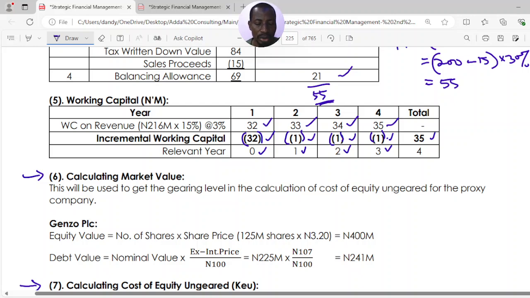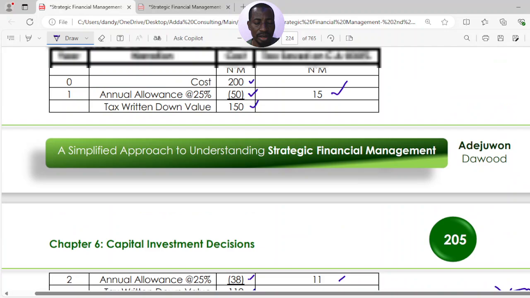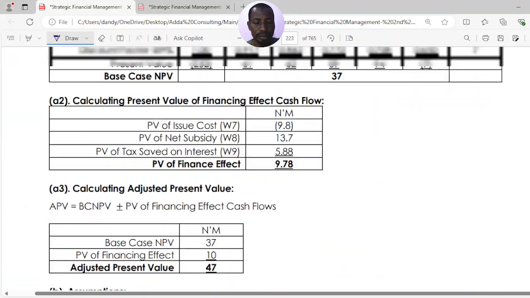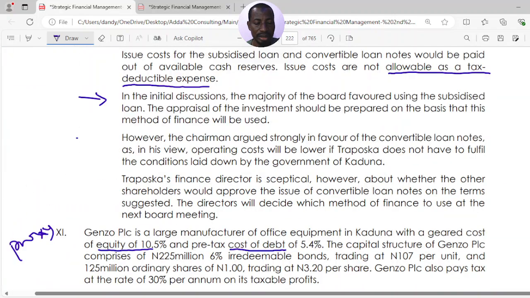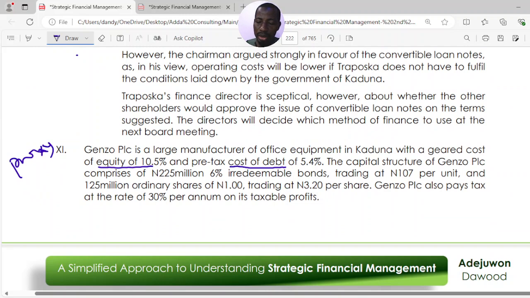So I will go to the question: what's the number of shares of Genzo PLC? We are told that the capital structure of Genzo PLC comprises 225 million naira 6% irredeemable bonds trading at 107 per unit and 125 million ordinary shares of 1 naira, trading at 3 naira 20 kobo per share.